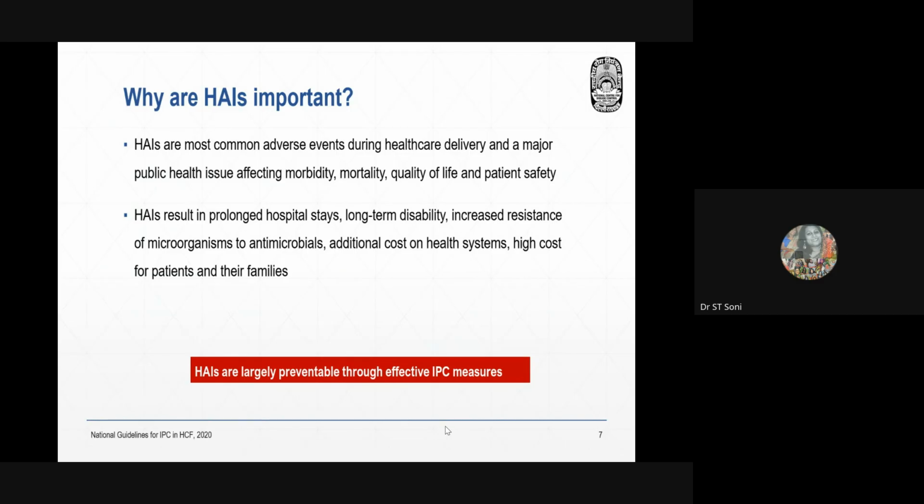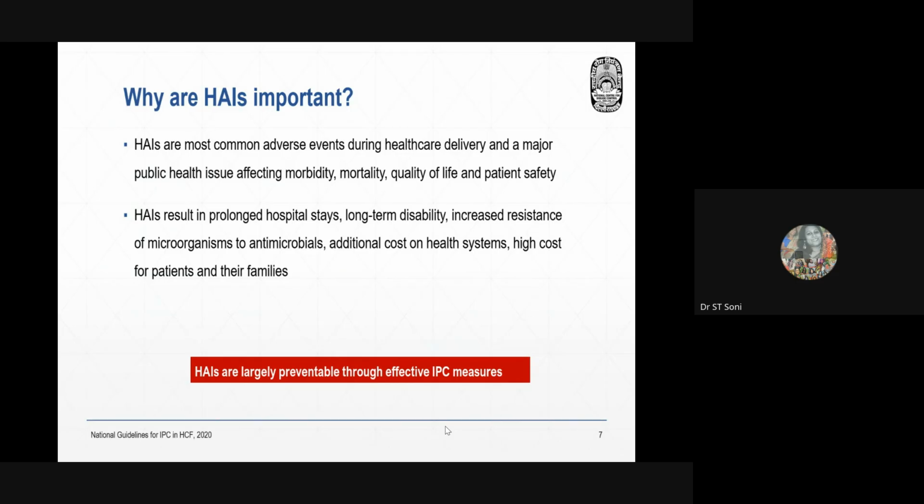In our country, if I say it openly, there are by and large no portals or data available for the burden of healthcare associated infection. But nowadays AIIMS has made their own portal, and they are working hard at the country level, with registered public health hospitals.